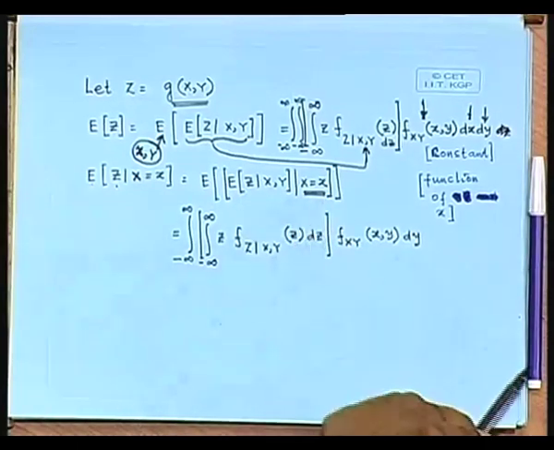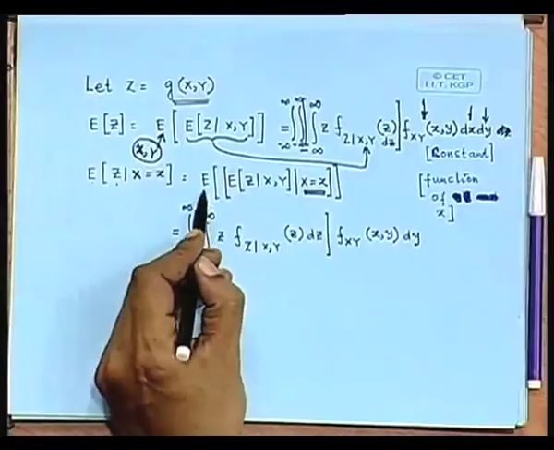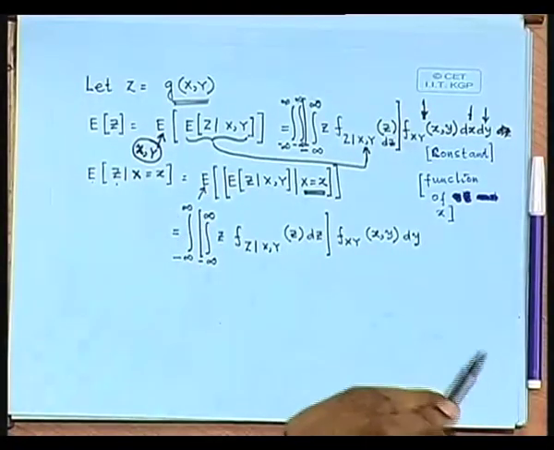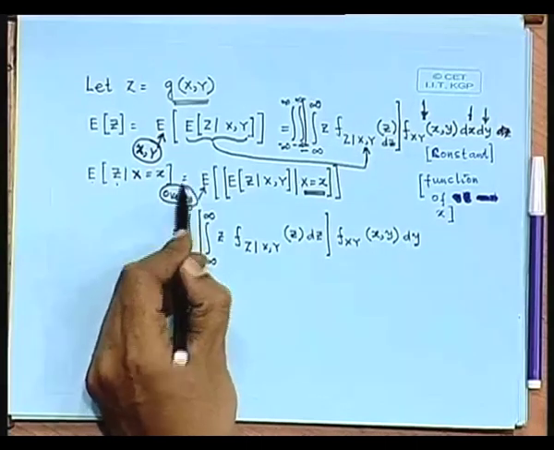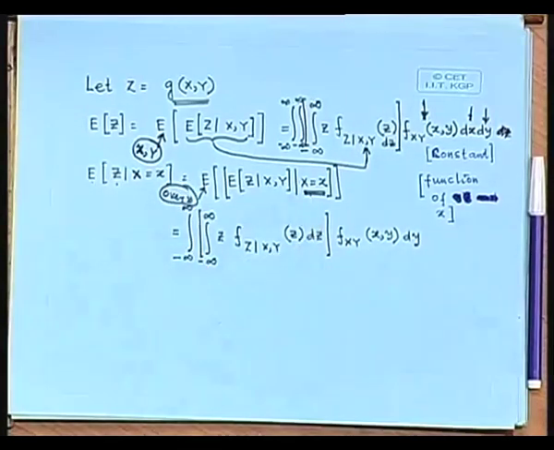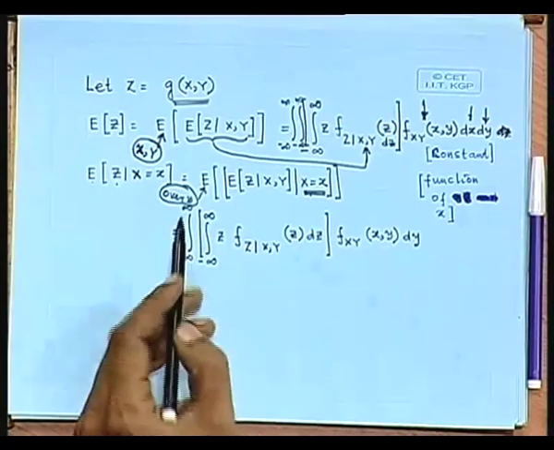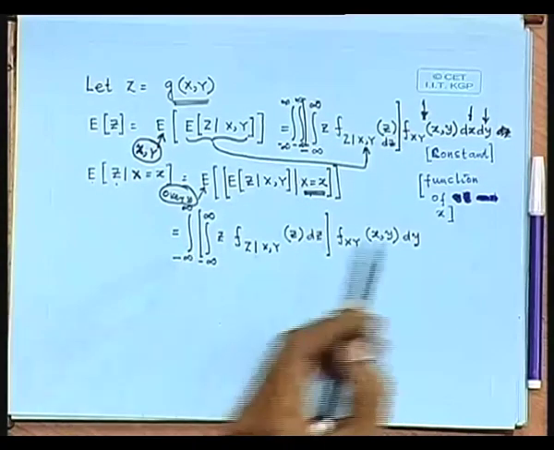Now x is fixed, so we cannot integrate over x. This outer expectation must be taken over only y, because x is fixed. So, when we write it as an integral, we have to write it over y.